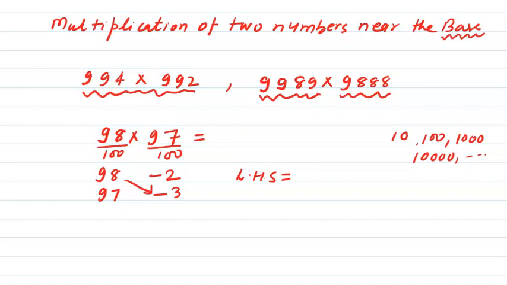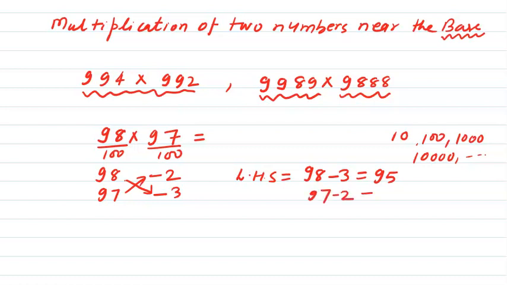To calculate the left hand side part, you take 98 and subtract this minus 3, that means you do the diagonal operation. So you subtract minus 3, and what you get is 95. Not only that, you could even have subtracted minus 2 from 97. In that case, the answer will remain the same.